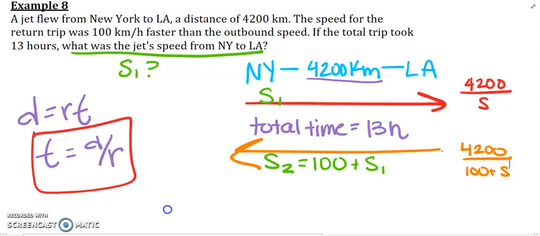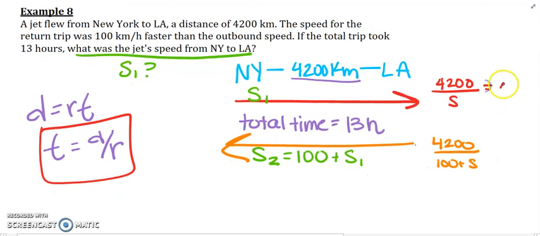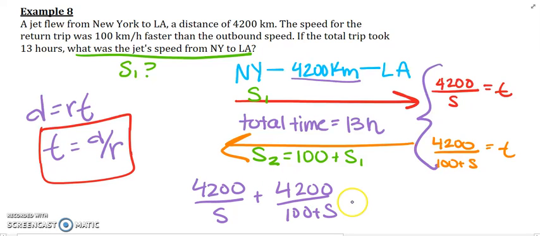So I'm calling S sub 1 S, just so we don't have to worry with that. And then this gives me my time for those two, because distance equals rate times time, so time is distance over rate. And then now I know, hey, these two times together equal 13. So trip 1 time, trip 2 time, together adds up to be 13.